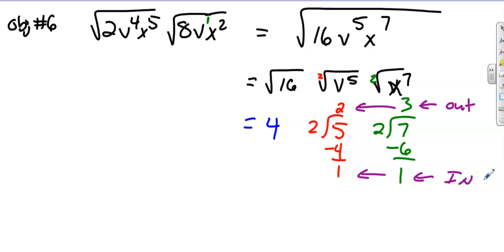Everything on the bottom goes on the inside. So the 4 was on the outside. We're going to have a v to the second on the outside. We have an x to the third on the outside. And then with the square root, we're going to have 1 v on the inside and 1 x on the inside.